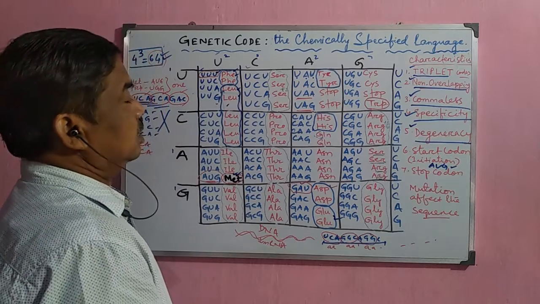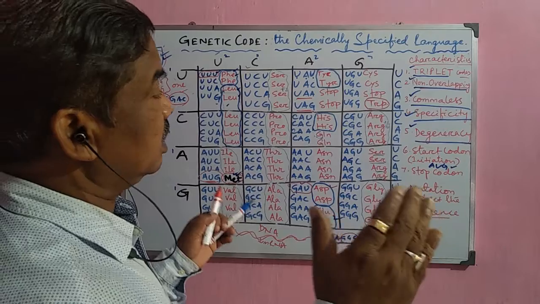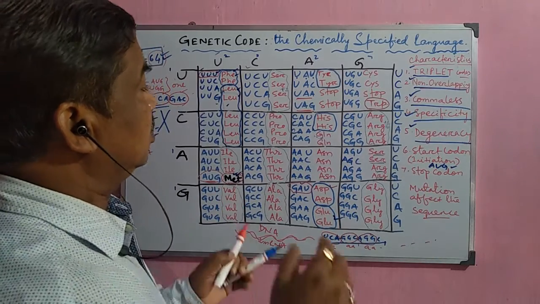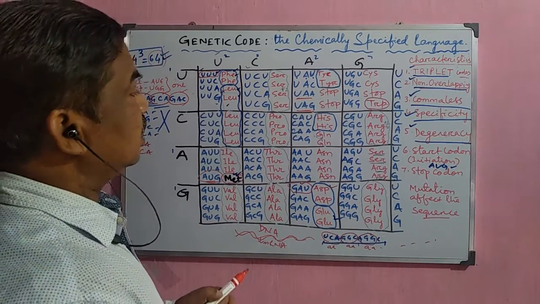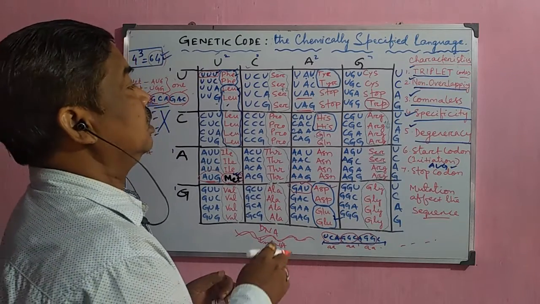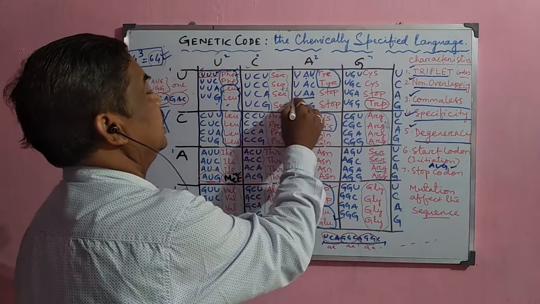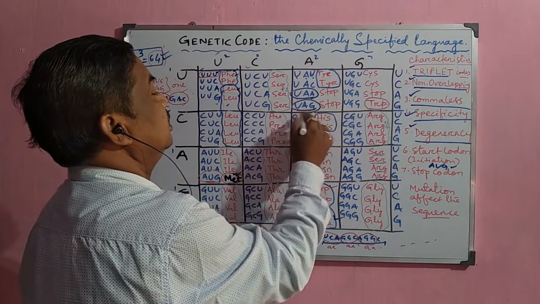Now, when the chain has to stop or terminate at a particular place, another codon is used, which is called the stop codon. Look here, UAA and UAG.